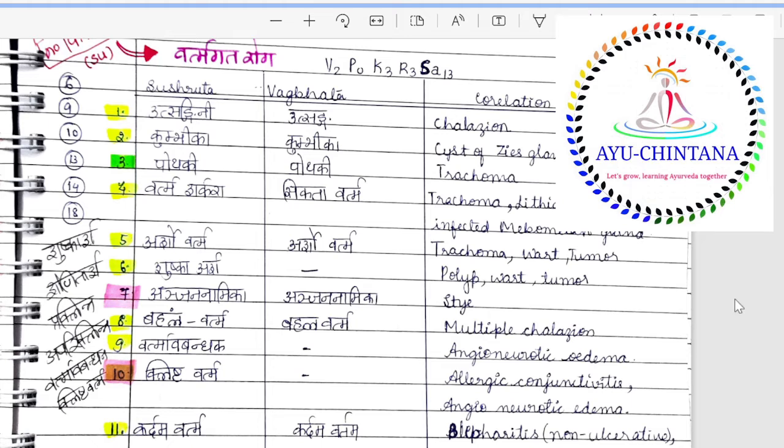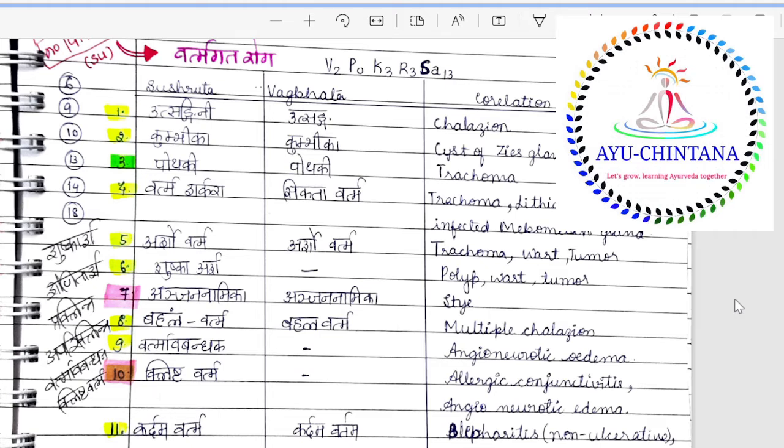I'll repeat it once again. There are 3 particular things, right? According to dosha, prognosis, and then which type of chikitsa. So according to doshas, Vartmagata, Vataja 2, Pittaja 0, Kaphaja 3, Raktaja 3, Sannipataja 13. In prognosis, Vartmagata, 17 Sadhya, 1 Yapya, 3 Asadhya.